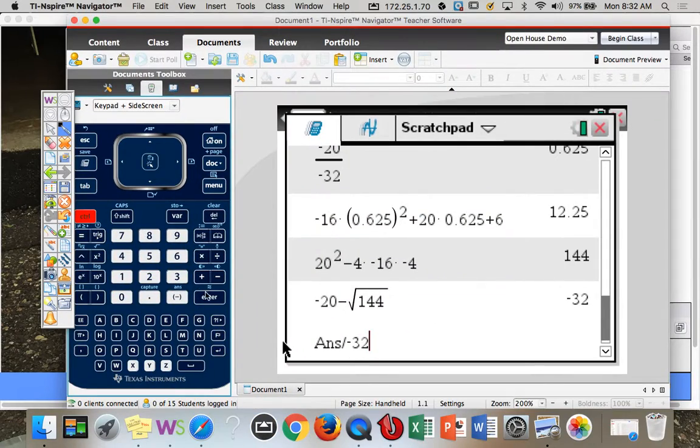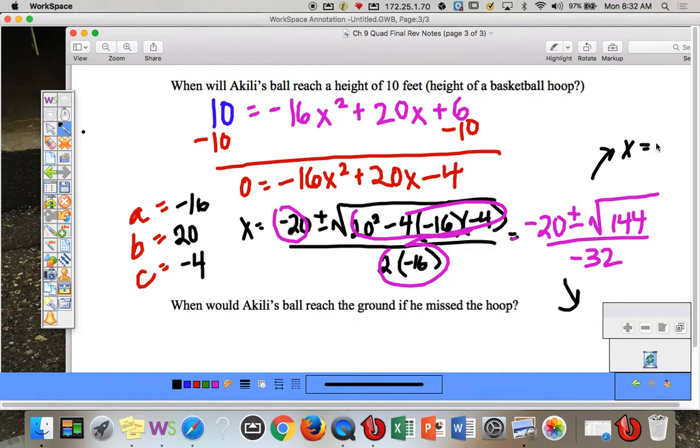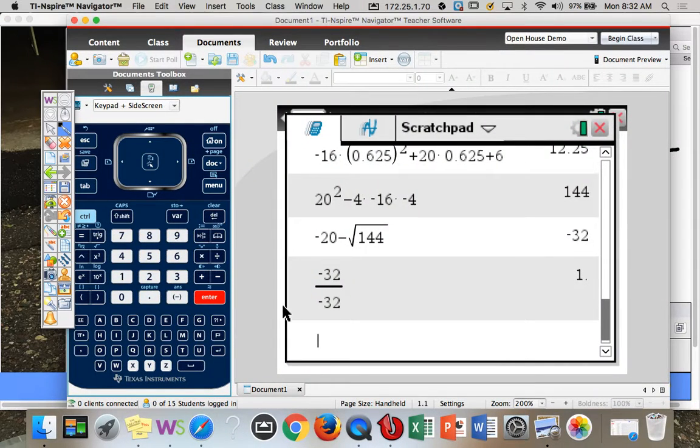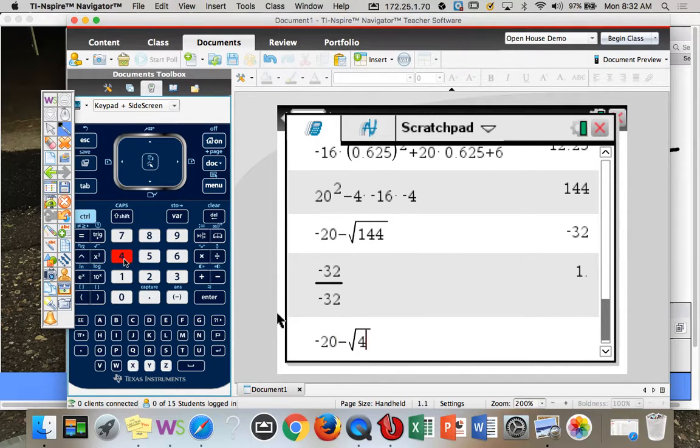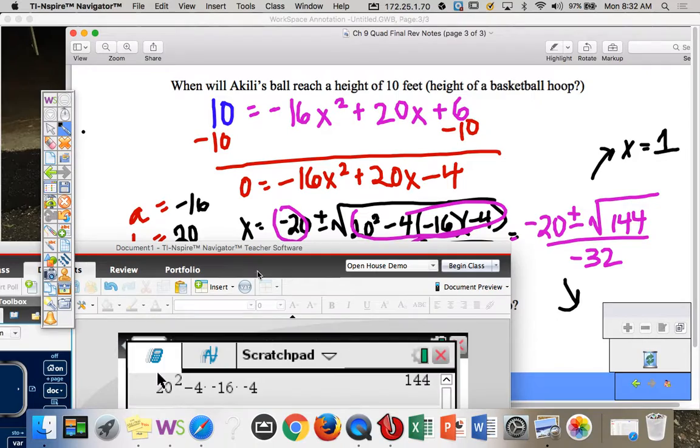That's correct. Okay, so we get 1. So first it hits at 1 second, and then it will hit the basket at the second one, negative 20 minus the square root of 144. Hit enter. Divide by negative 32.